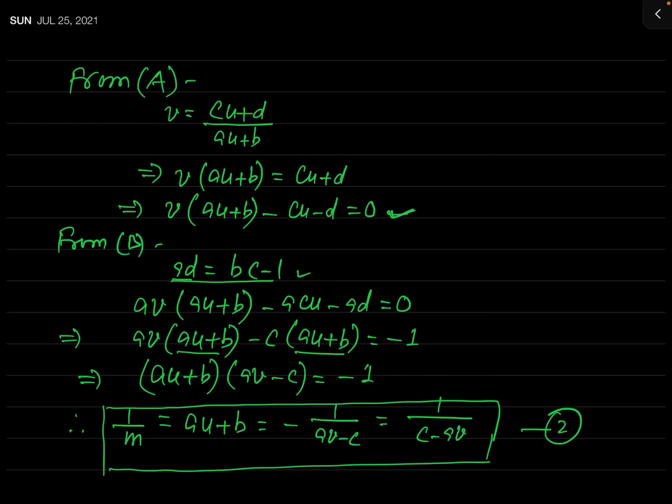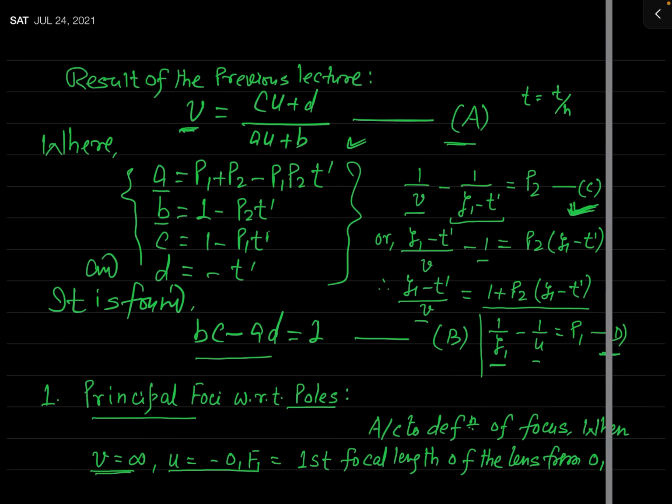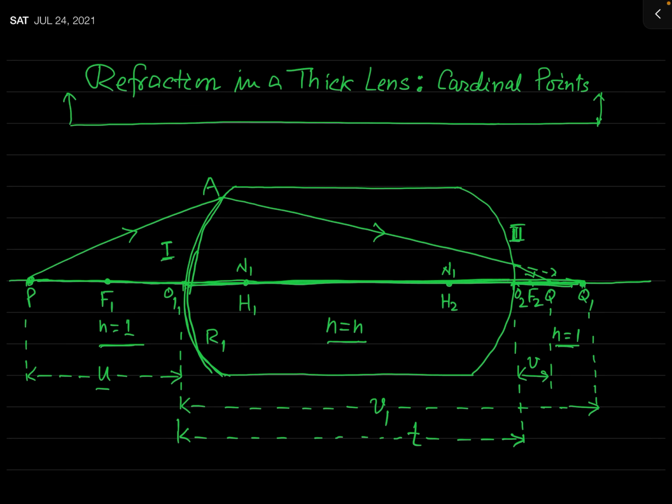Now, after getting the value of 1 over m, or you can simply say m, we will be able to find the principal points of this thick lens. You can see in this figure that these points H1 and H2 are known as principal points, and you know from the definition that the principal points are conjugate points having the linear magnification equal to 1, that is m equal to 1.